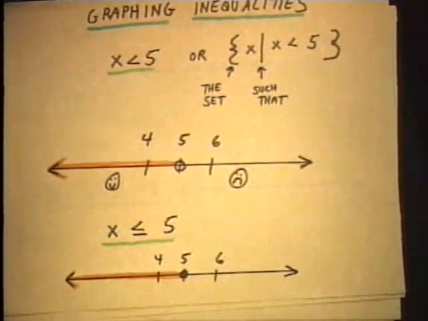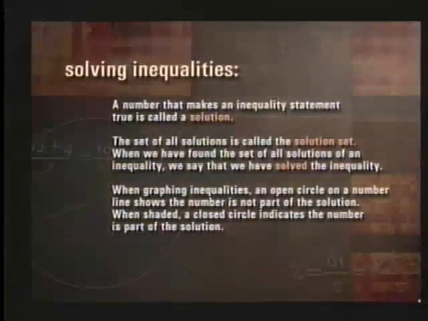And let's go to the graphic here next. When we solve inequalities, a number that makes an inequality statement true is called a solution. The set of all solutions is called the solution set. And we saw in that previous example, we had the little curly cues. When we have found the set of all solutions of an inequality, we say we have solved the inequality.